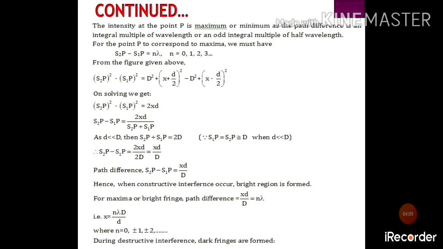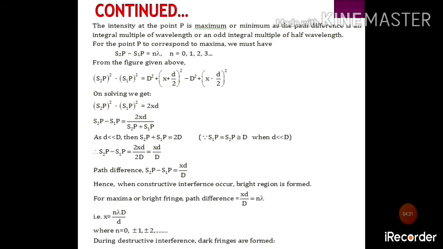Now from the previous figure you can obtain the relation S2P square minus S1P square and solve it easily. On solving, you will get S2P square minus S1P square equal to 2xd, and further solving it you will get S2P minus S1P.